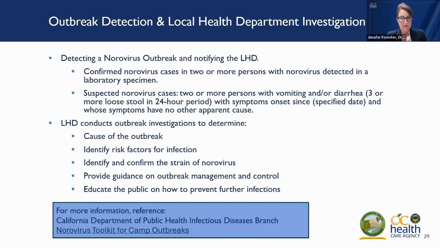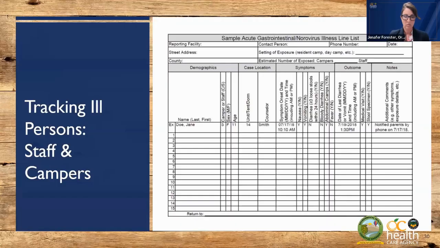The local health department conducts outbreak investigations to determine multiple items that include the cause of the outbreak, identifying risk factors for infection, identifying and confirming the strain of norovirus, providing guidance to control and manage the outbreak, alongside educating the public on how to prevent further infections.